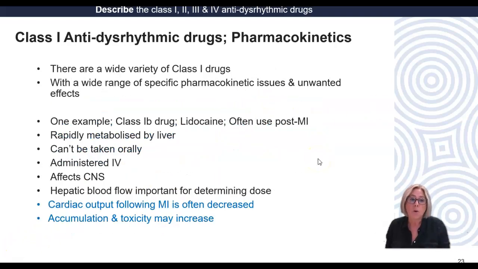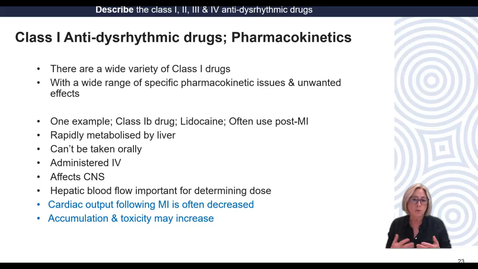Now, also, there are a wide variety of class 1 drugs with a wide range of specific pharmacokinetic issues and unwanted effects. So we're not going to go into all of those here either. But one example is the drug lidocaine. It is often used post-myocardial infarction. It's rapidly metabolized by the liver. It can't be taken orally, so it's administered intravenously, and it does have effects on the central nervous system.